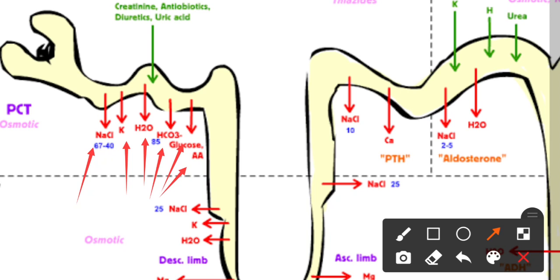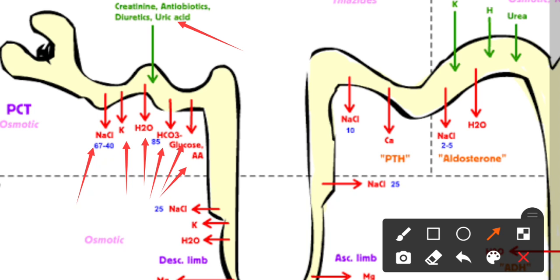Then creatinine, antibiotics, diuretics, and uric acid are secreted inside this proximal convoluted tubule. These may be some of the toxins which are modified by the liver with the help of those two compounds which we have discussed earlier in the tubular secretion.